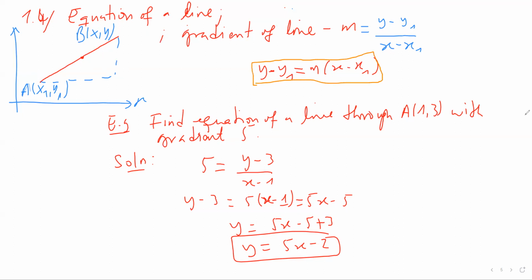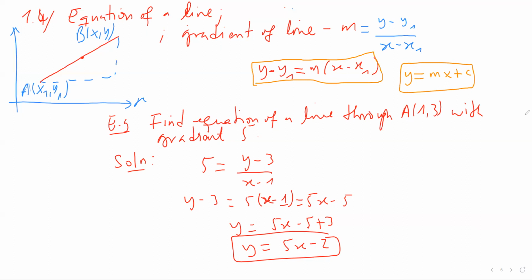Of course, in some cases, you see the equation of a line also written as mx plus c, which is the general form in this setting, when x1 and y1 are 0. So, example: we find the equation of a line through the point A, which is 1, 3, and has a gradient 5.